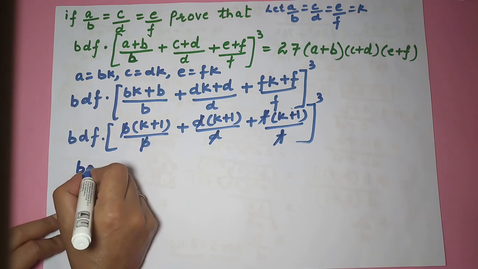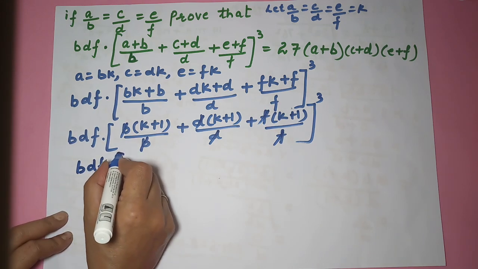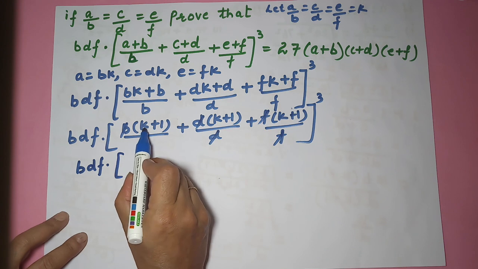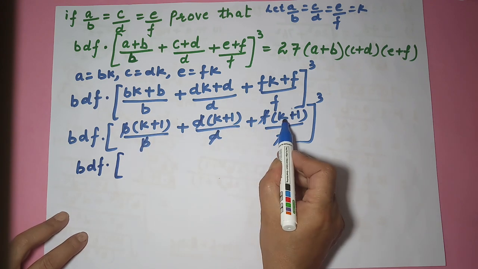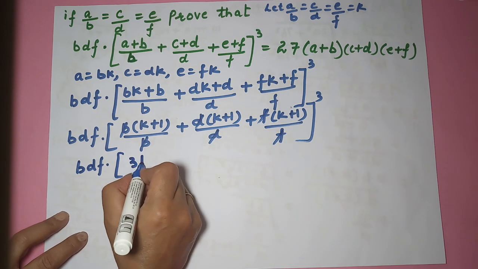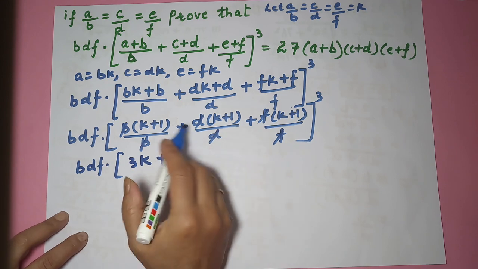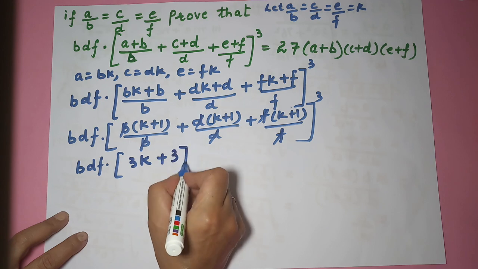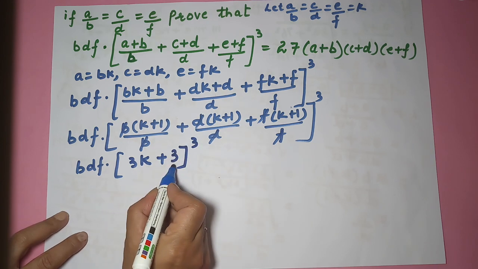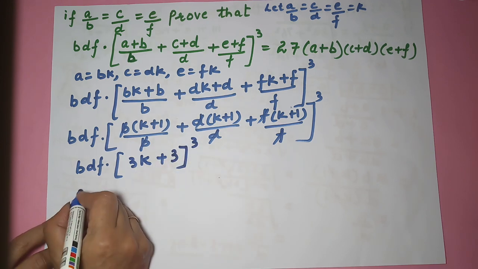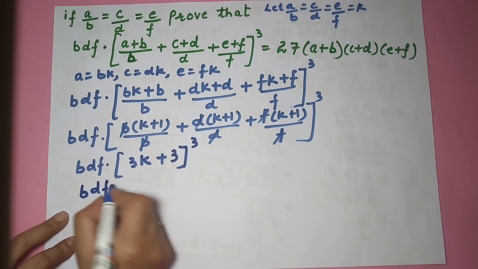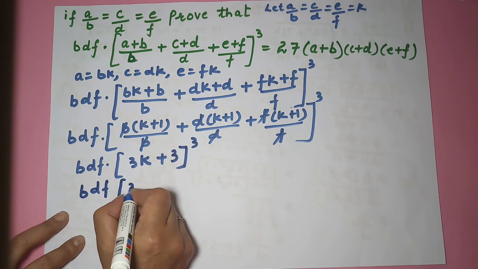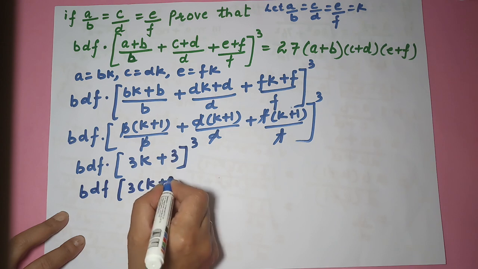So I have B, D, F into, now you have K plus K plus K, that means 3K, plus you have something else, 1 plus 1 plus 1, that is 3. So between these two terms you can take 3 common. So you can write BDF, and if you take 3 common you will get K plus 1.